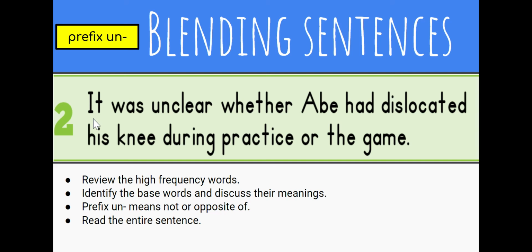Here we go. 1, 2, ready, read. It was unclear whether Abe had dislocated his knee during practice or the game. So it was not clear whether Abe had, and this word dislocated is something that happens to somebody's body. So it's the opposite of located, his knee during the practice or the game.